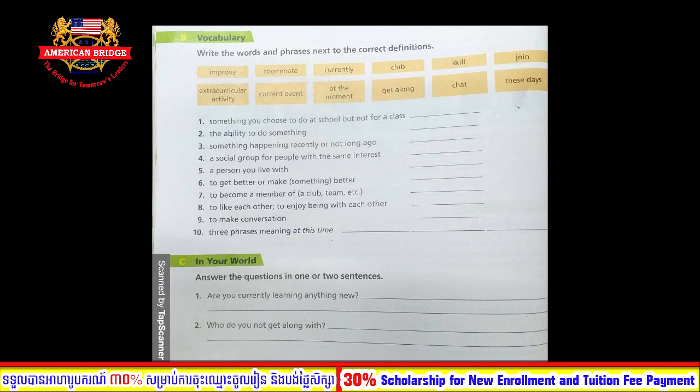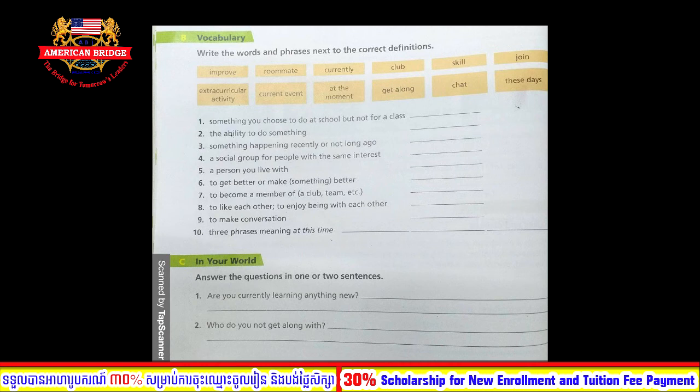What you need to do, you need to look at the 12 words in the box above, then fill each sentence with each word from the box above, okay? Alright, I think you already done them because it's very, very easy, correct? Good. Okay, then the next exercise is about in your world.